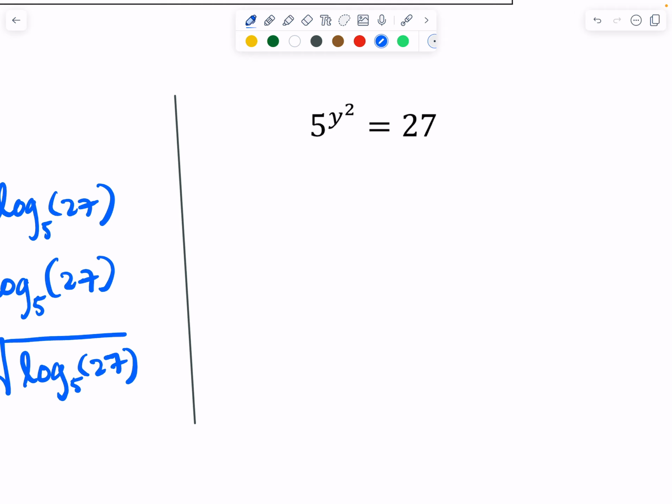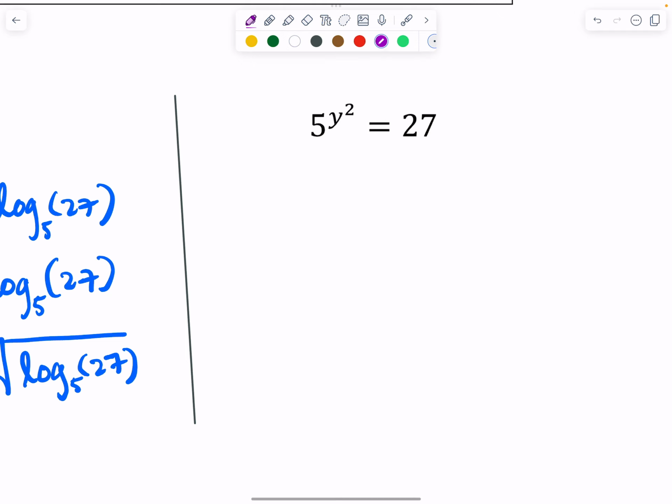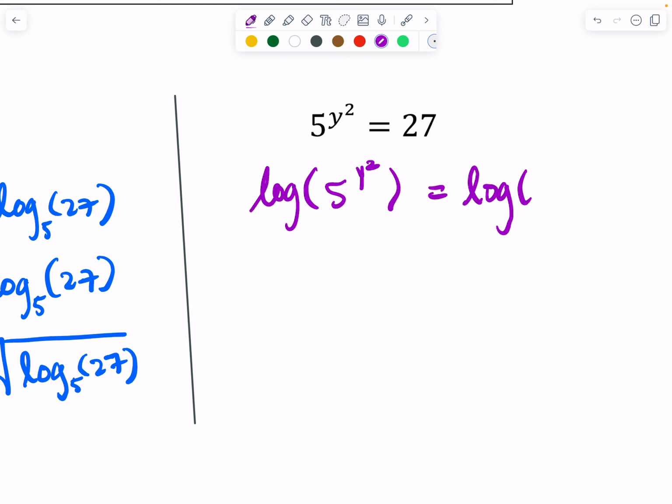So if you just want to use either of those, think about taking the log base 10 of each side of the equation or the natural log of each side of the equation. You could technically take the log base 100 of each side or the log base pi of each side, and it would work. But I'm just going to show this taking the log of each side of the equation here.